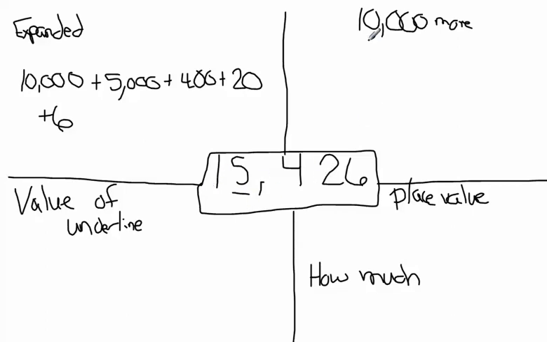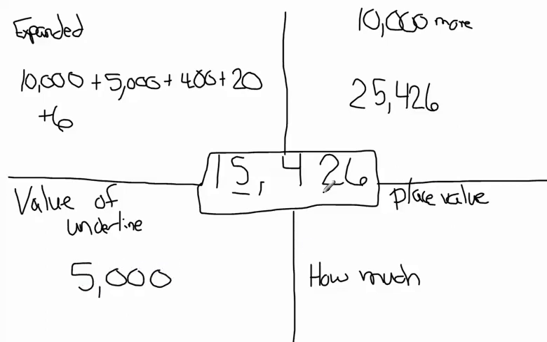If I wanted to know how much 10,000 more would be, I would go to the 10,000s place. I would add 10 more thousand to this place, so it should have been 25,426. The underlined digit is the 5, and the value of that 5 is 5,000.